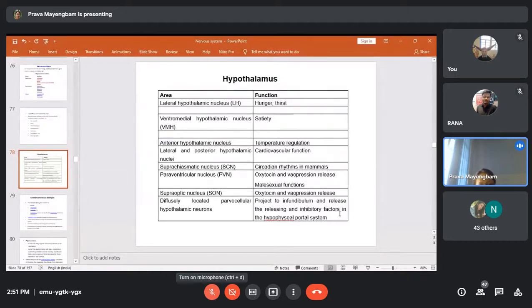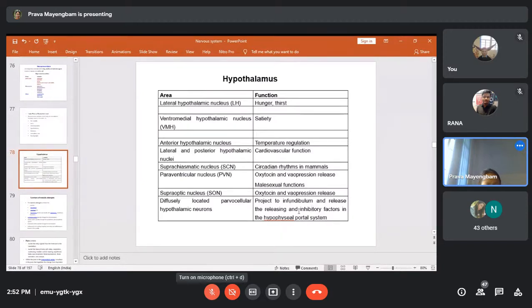Those releasing and inhibitory factors, say like GnRH or corticotropin releasing hormone, or what else? Thyrotropin releasing hormone. These kinds of hormones, releasing hormones or inhibitory hormones, will be synthesized in the parvocellular hypothalamic neurons, and they will be projected through the nerve tracts and terminate in and around the hypophyseal portal system.